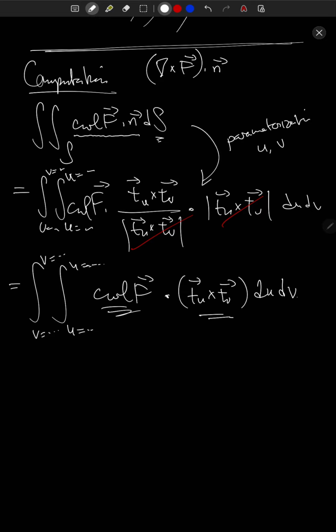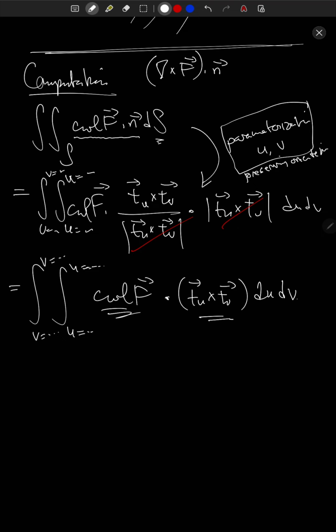A small thing, of course: when I say parameterization here, I mean a parameterization that preserves the orientation. If your T_u cross T_v is not in the direction that you want, then you're going to have to pop out a minus sign. Definitely be aware of that. It's really easy to make a mistake and get the negative of the correct answer.